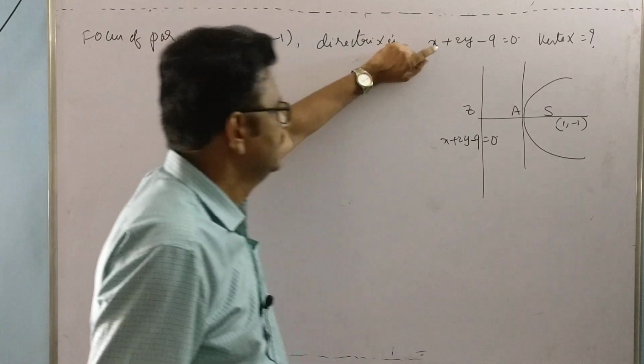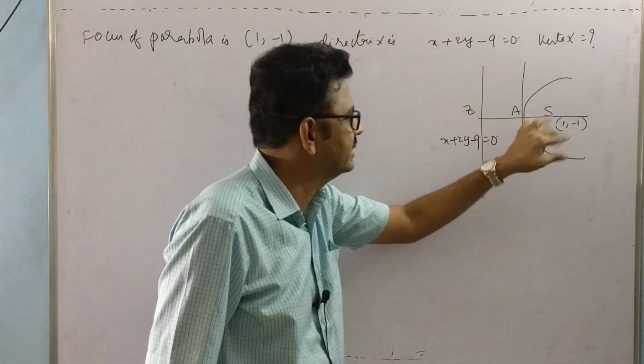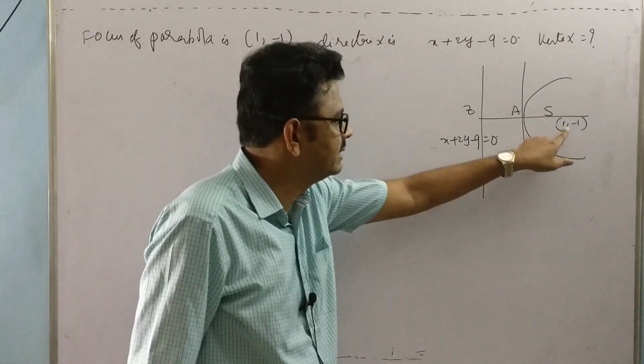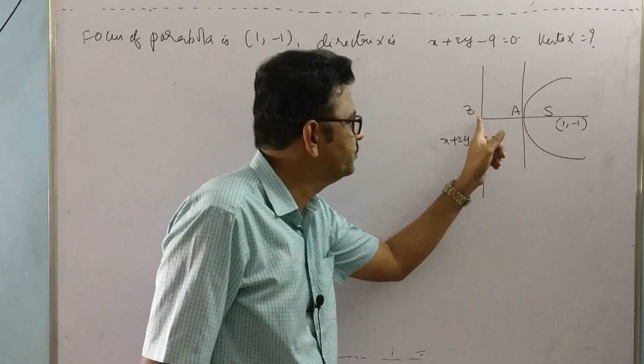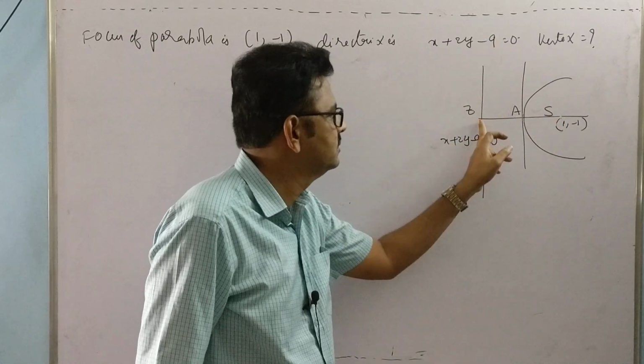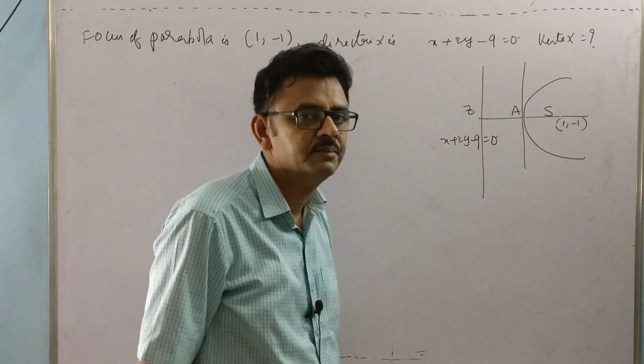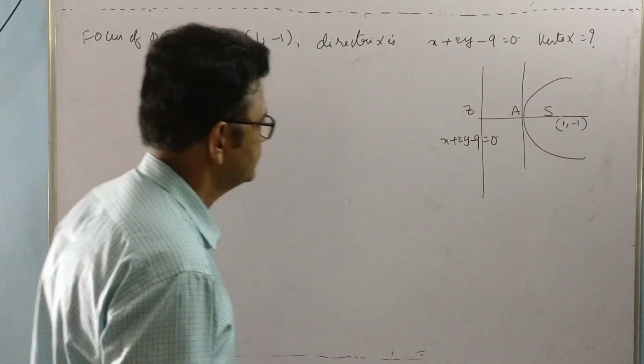Now I have to find, according to the theorem, vertex A is the midpoint of ZS. Z is the foot of perpendicular from focus to the directrix. So get the coordinates of Z, where A is the midpoint of ZS.